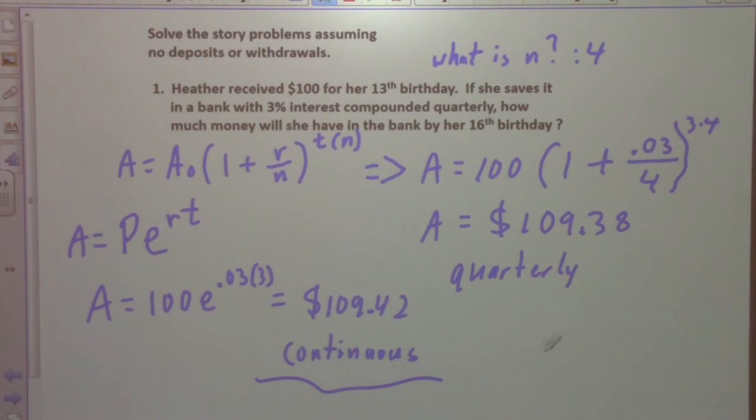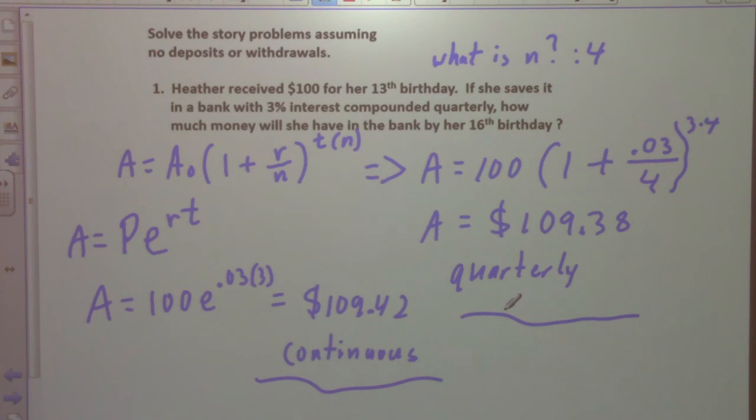So continuous compounding versus quarterly, and what you're going to be able to do throughout this exercise today is kind of compare and contrast. If you compound very frequently, like weekly or daily, continuous isn't going to give you hardly anything more.